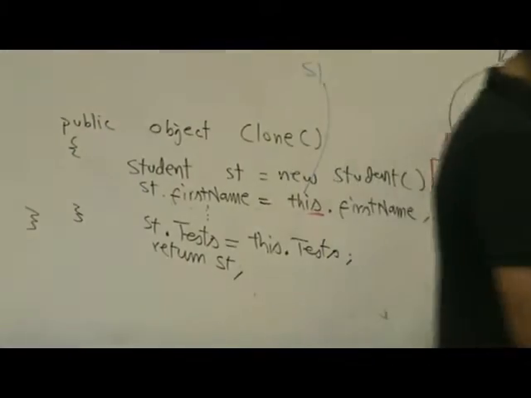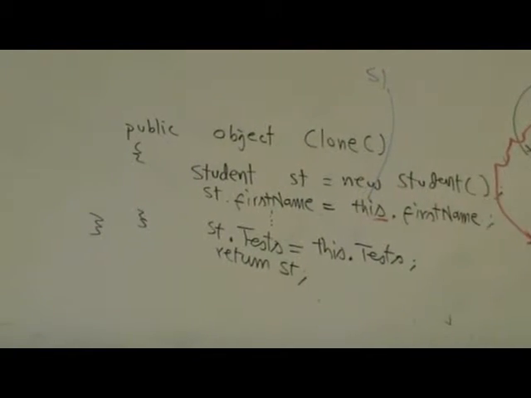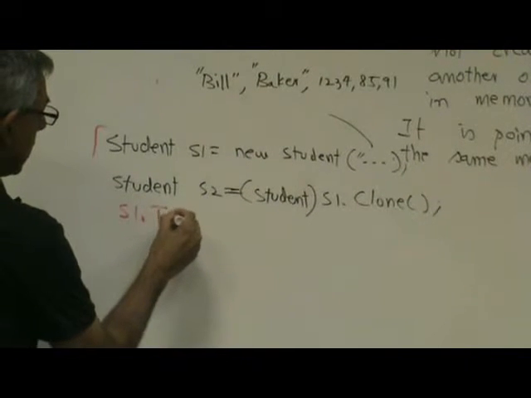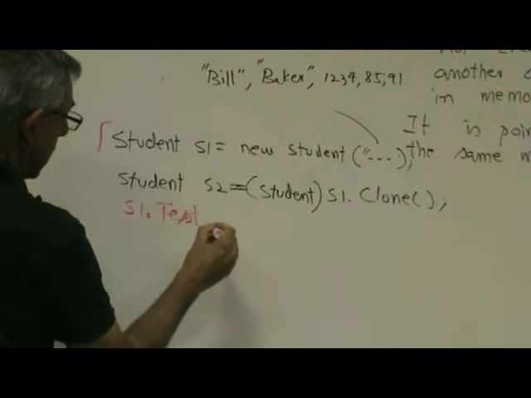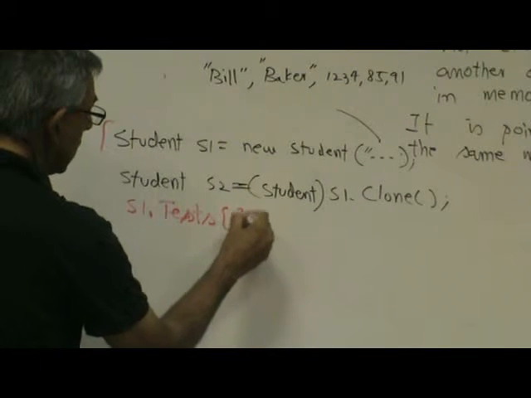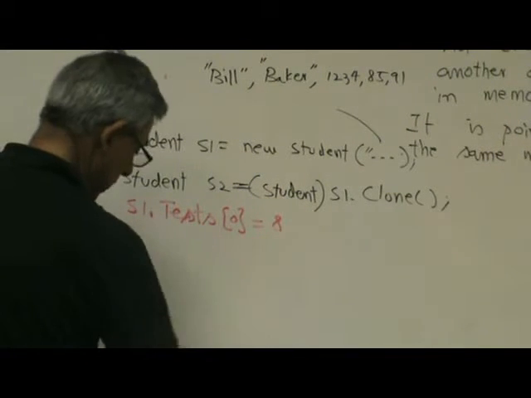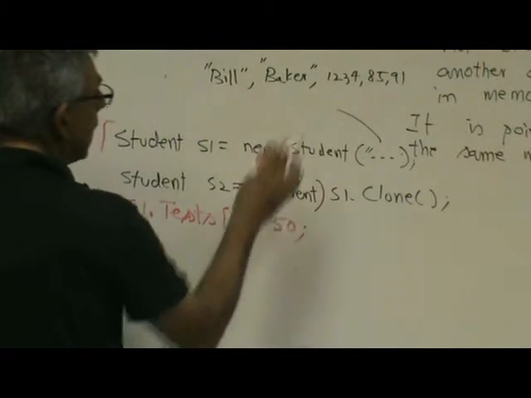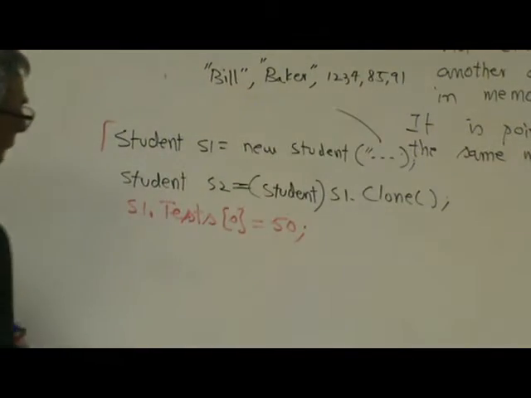Okay, so now what if we do this? After we copy S1 into S2, right? We say S1 dot tests of 0 equal to, let's say, 50. Okay, in the beginning it was 85, okay?